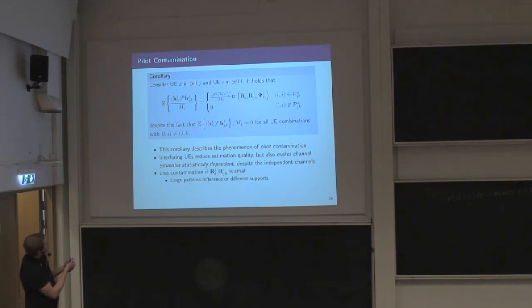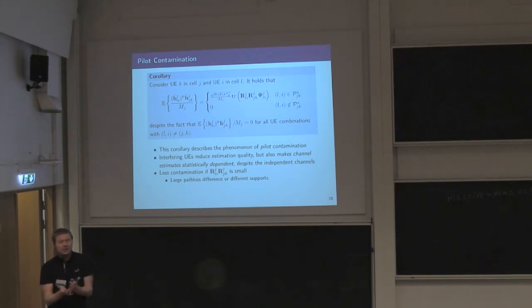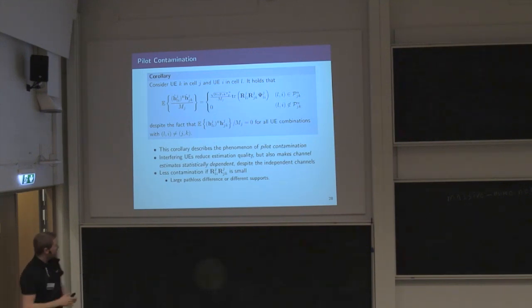And this correlation that we can observe here, we have an inner product between the covariance matrices. That means that if the two covariance matrices from a base station to different users are small in some sense, for example, in the sense that the eigenvalues of the matrix we get when we multiply them together are zero, or they are really living in almost different subspaces, well, then the interference will be small.